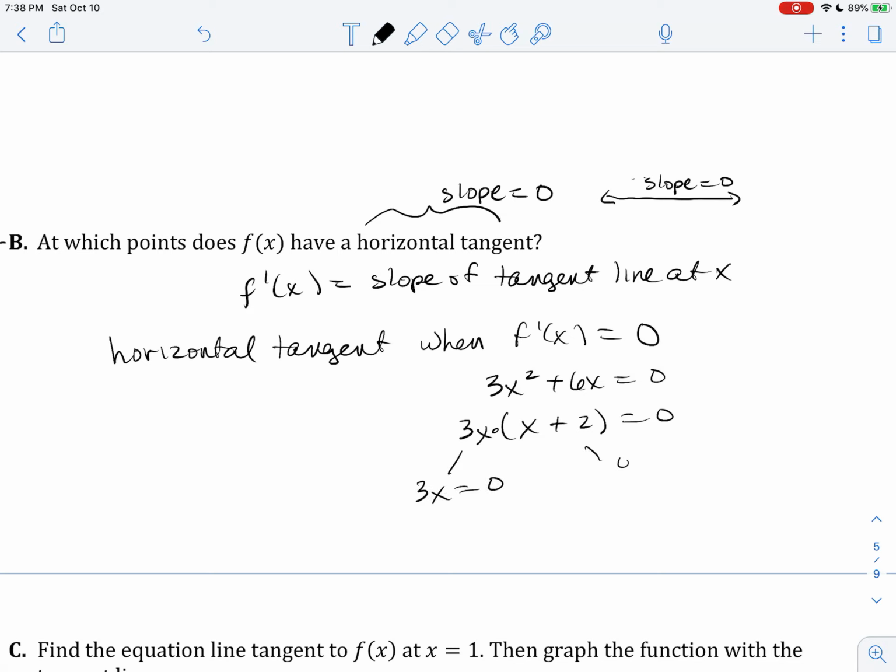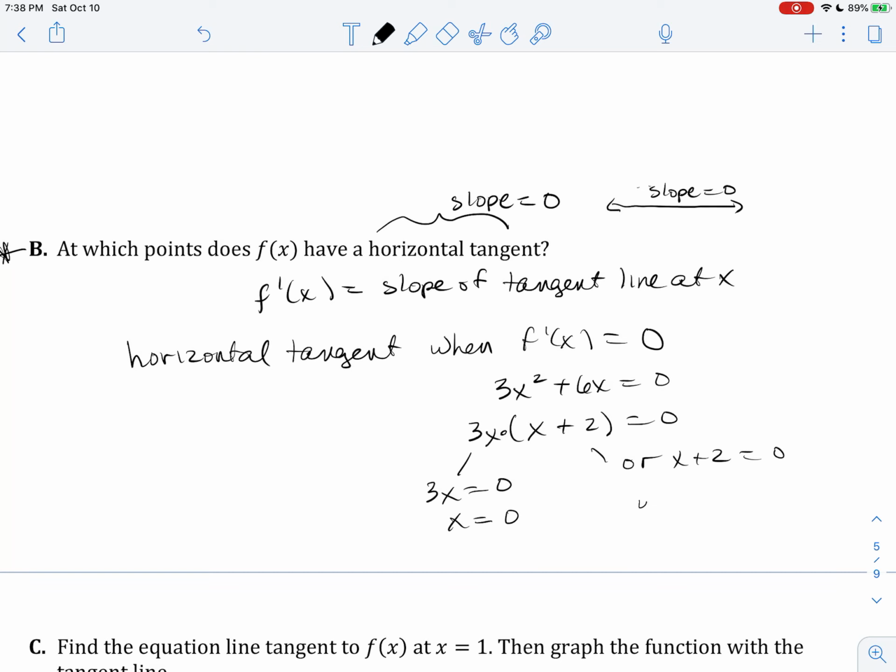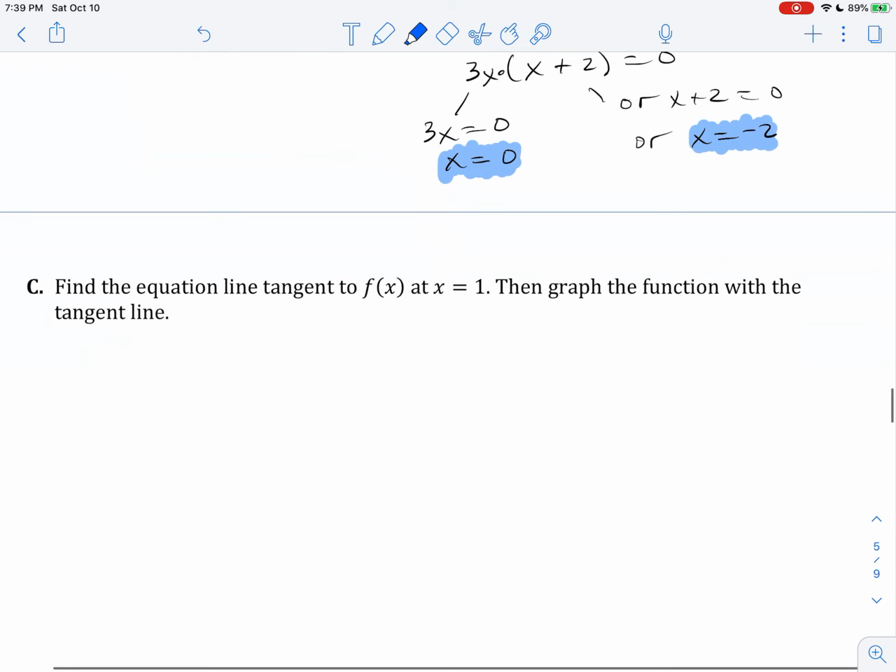Then I can say when 3x is equal to 0, or when x plus 2 is equal to 0, and solving for x, when x is equal to 0, or when x is equal to negative 2, that's when I would have horizontal tangents. And if you plug those values into f prime, you would get 0 slope, and you would have a horizontal line there.